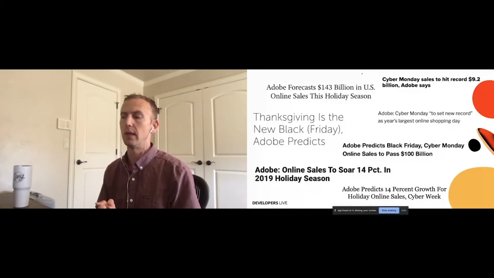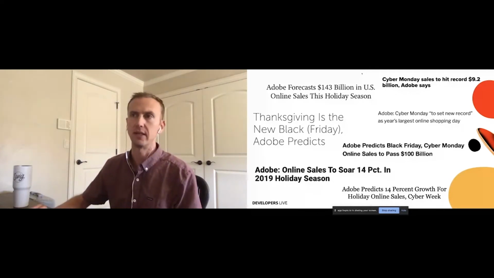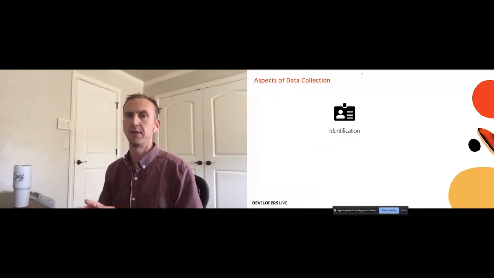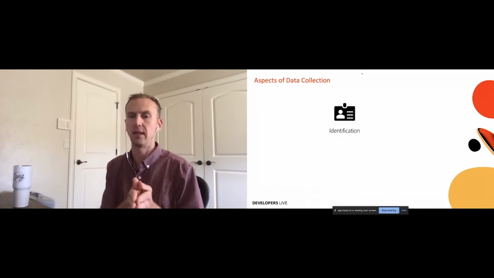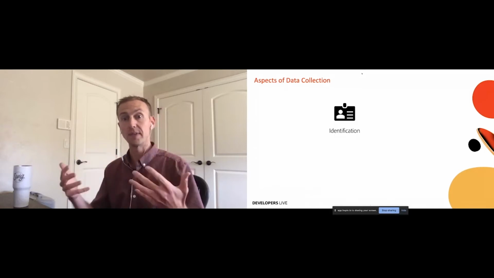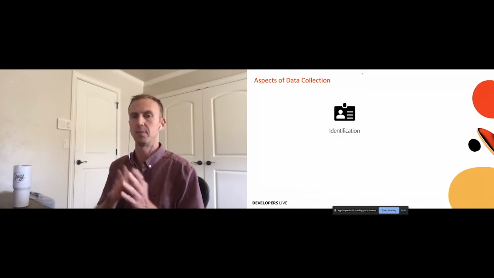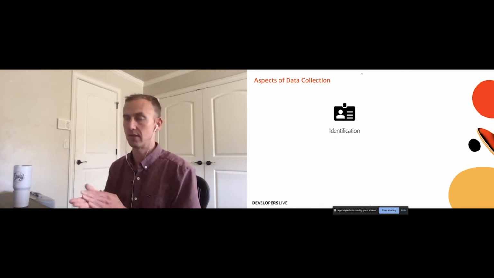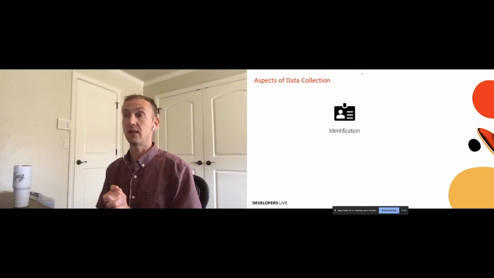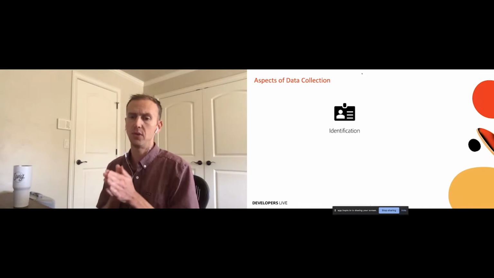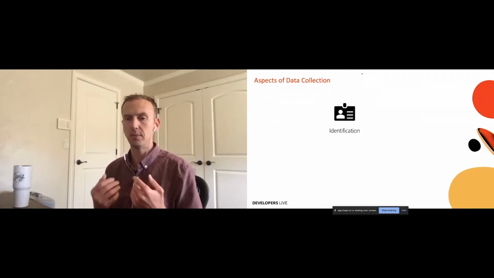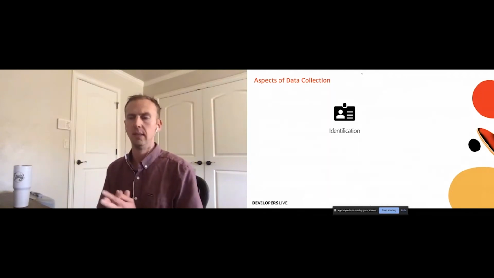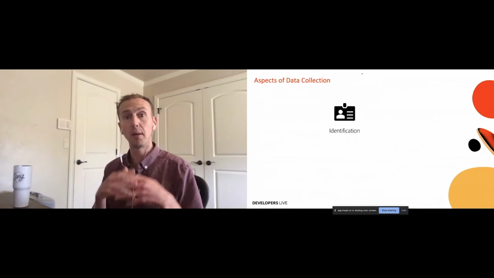Let's talk about the different aspects of data collection. The first one is identification. I'm going to be orienting this toward website analytics, but a lot of this applies to mobile analytics and other types of analytics as well. If a user comes to your website, leaves, and then comes back, it's good to be able to identify that user as the same person, because we probably know things about them now.